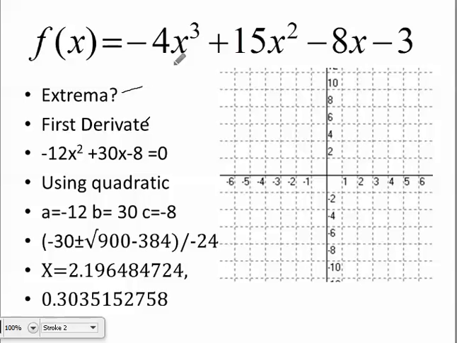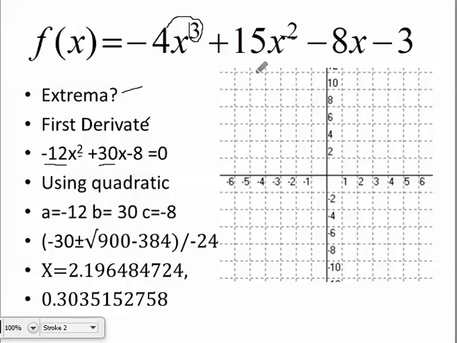Okay? So what I'm going to do is I'm going to take this exponent and I'm going to multiply it times the 4. So 3 times 4 gives me a -12. That's where the -12 comes from. I'm going to take 1 less than this exponent, so -12x squared. I'm going to take this exponent too, multiply it times the 15, 30.